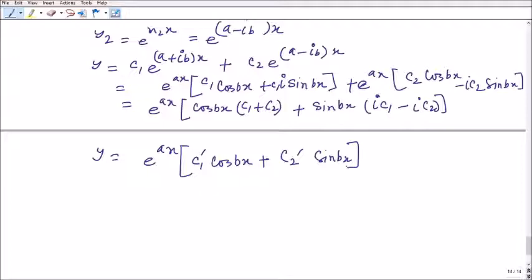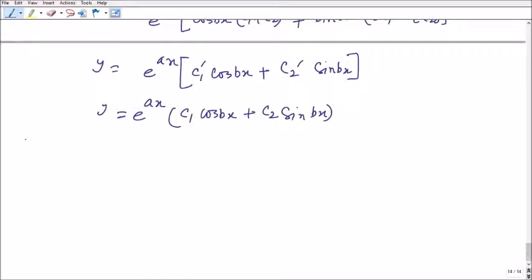Here c1 dash is c1 plus c2 and c2 dash is equal to i c1 minus i c2. These are constants, so we can also write in this form: y equal to e to the power ax times c1 cos bx plus c2 sin bx. So this is the solution when m1 and m2 are complex and distinct.